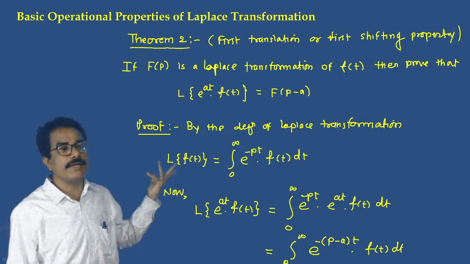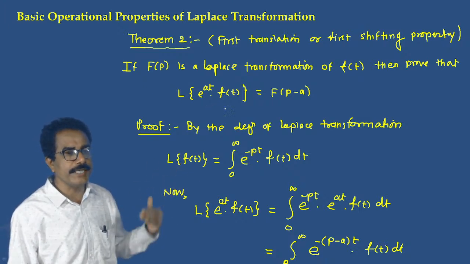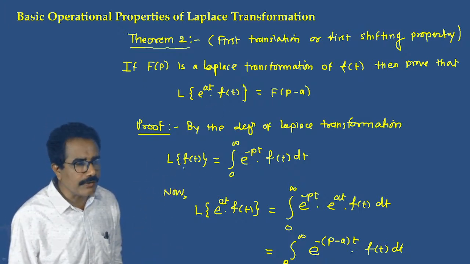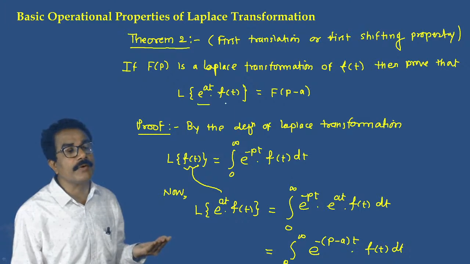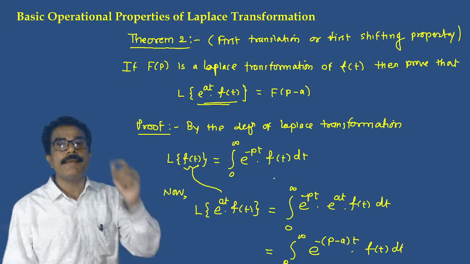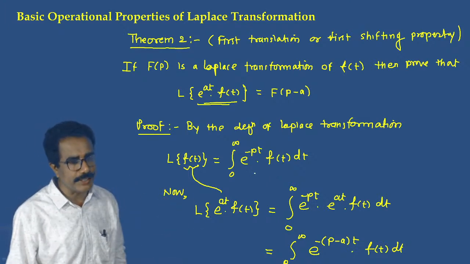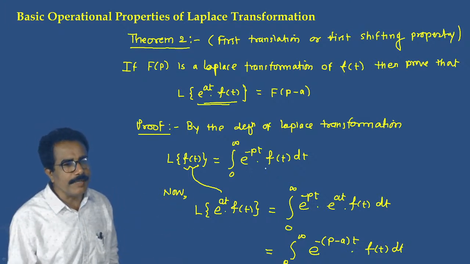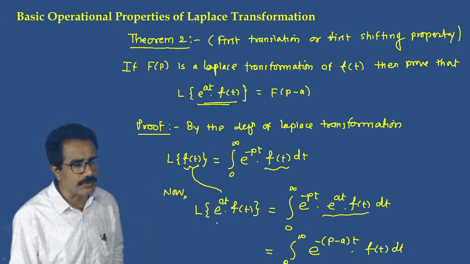So replace the given function, e raised to at into f of t. According to this definition, we have to write e raised to at into f of t, because our aim is to find the Laplace transformation of the function e raised to at into f of t. So replace f of t by e raised to at into f of t on both sides.